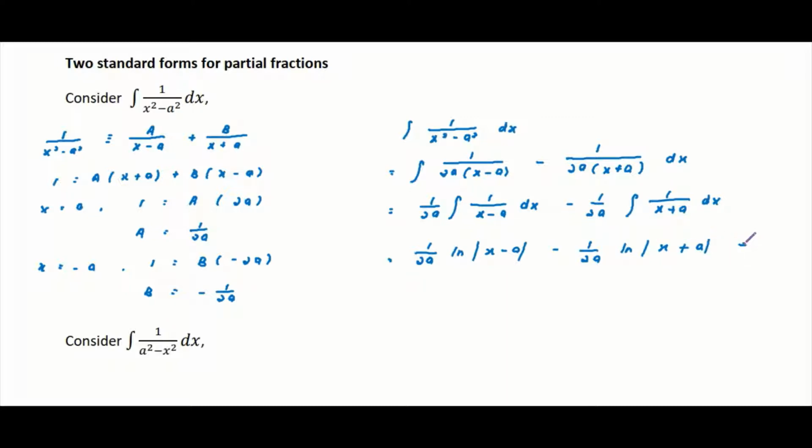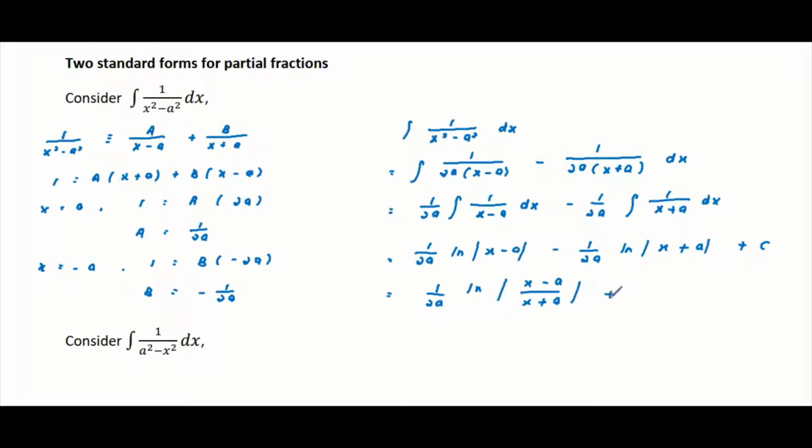Don't forget plus constant. If we simplify this, you can see that I have 1 over 2a in both, and then for these two ln, I can combine them together. Since this is minus, it becomes ln of x minus a over x plus a.